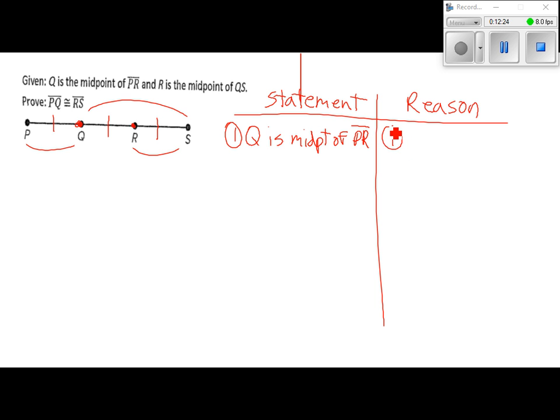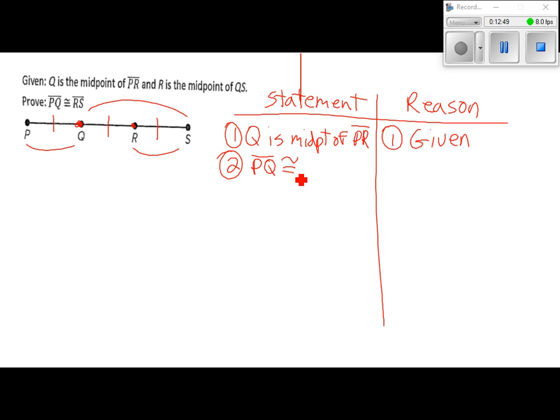How do we know Q was the midpoint of segment PR? Given. And then you can say that PQ and QR are congruent. As soon as you see that you have a midpoint, use that. Once you know it's a midpoint, what's that tell you?